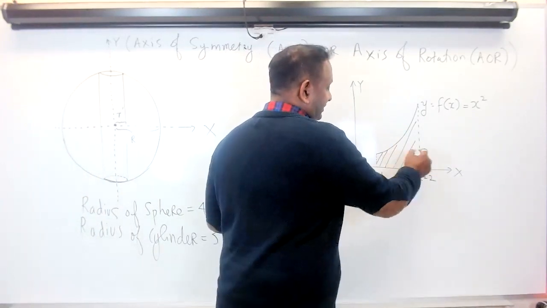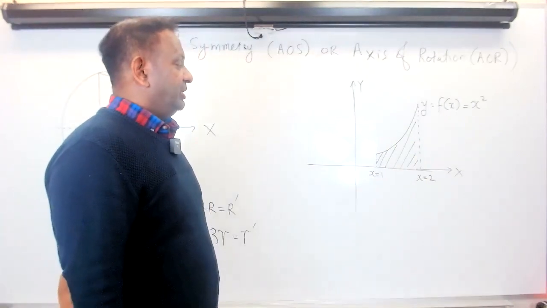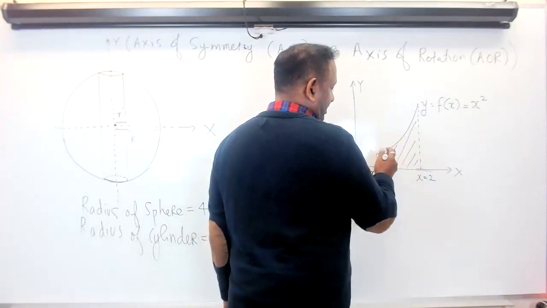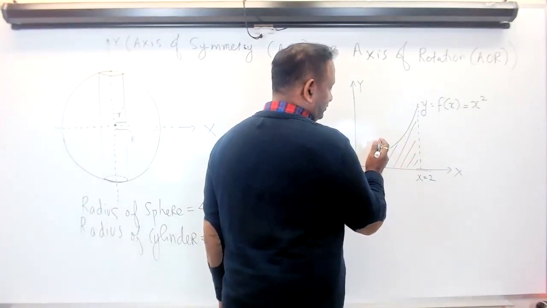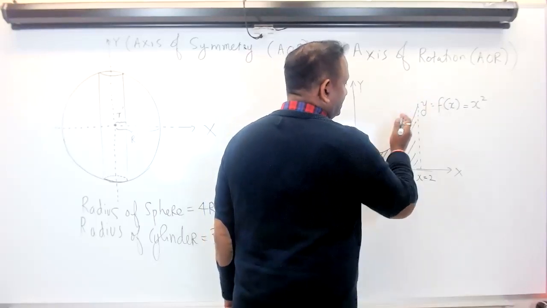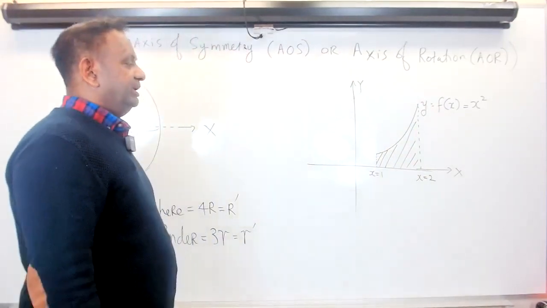You can go horizontally or vertically, but if you do it vertically, you can easily stack those strips on top of each other to sweep out this whole area. That's how you find the area under the curve.